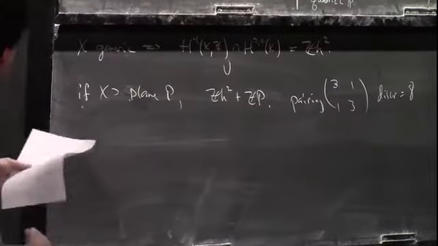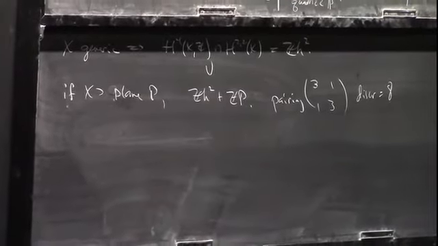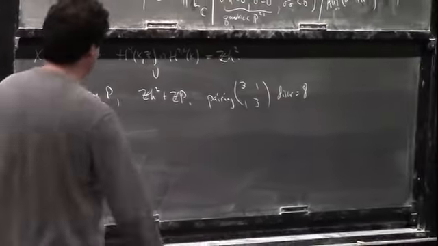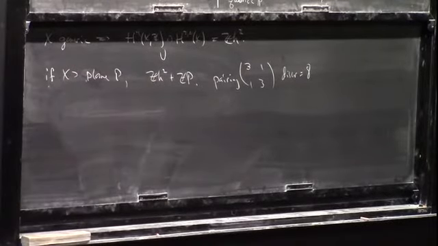So X is called special if it contains a surface whose cohomology class is not a multiple of H squared. So it's not homologous to a complete intersection.